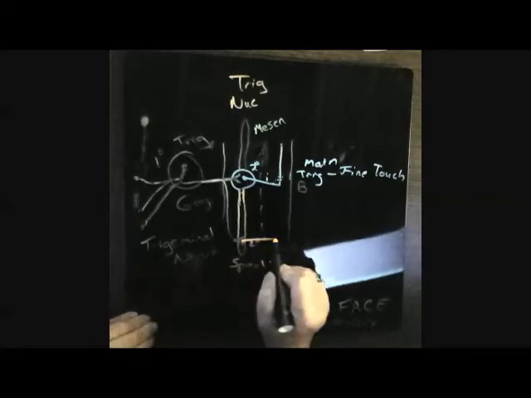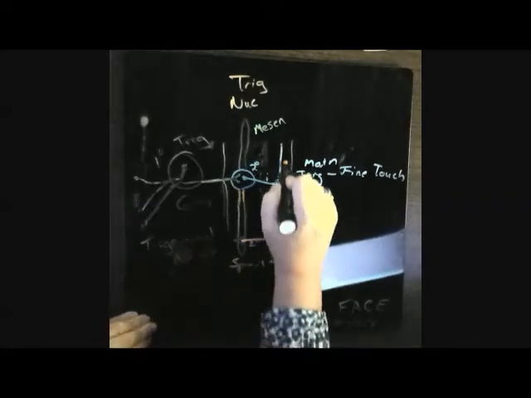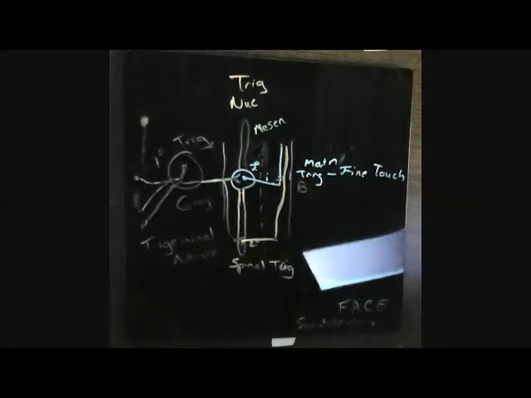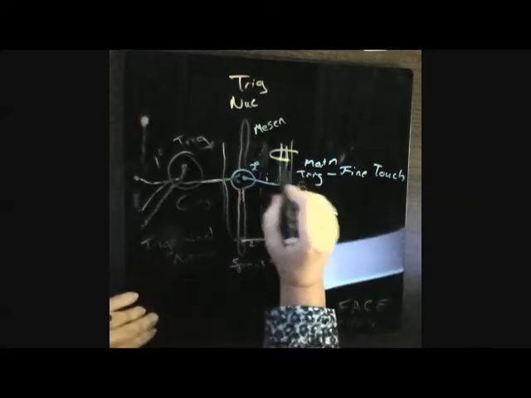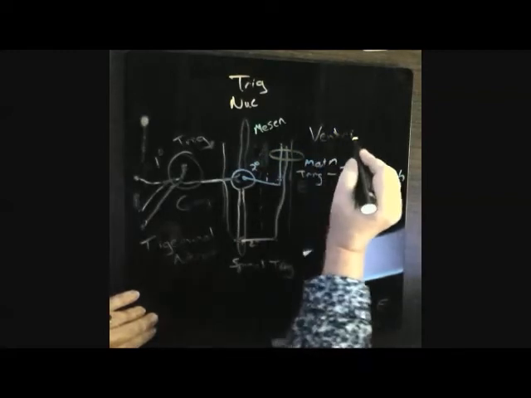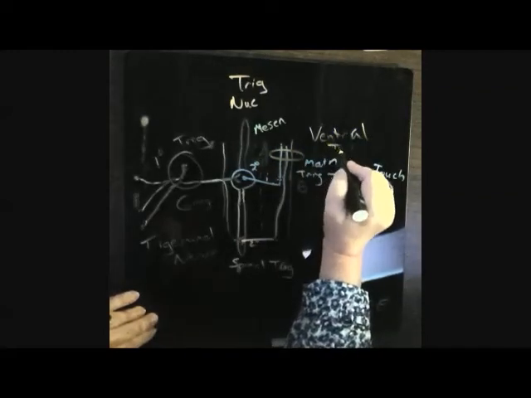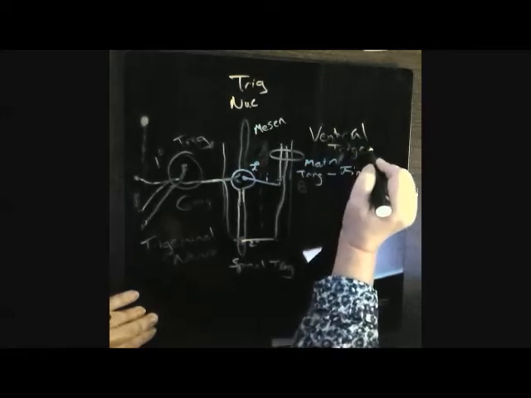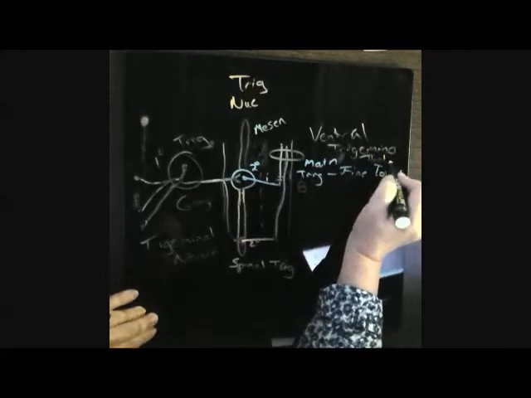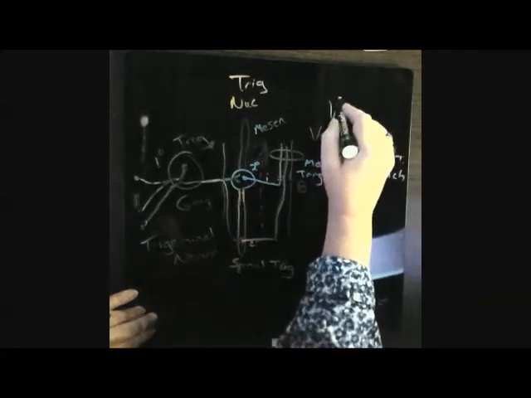They're going to cross the midline, and then they're going to ascend. And together, these axons are the ventral trigeminothalamic tract, or VTT.